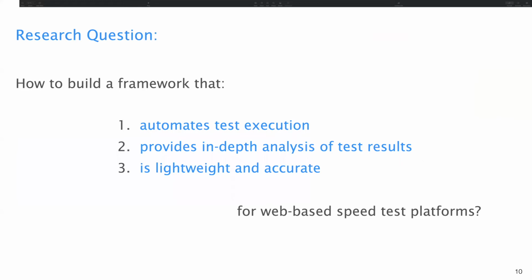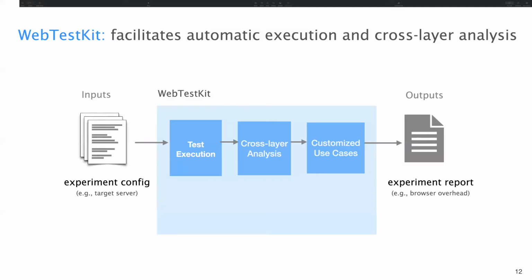So considering all these problems, we have the following research question, which is how to build a framework for web-based speed test platforms which can automate the test execution, provide in-depth analysis of test results, and meanwhile, is also lightweight and accurate. We answer this question positively by presenting WebTestkit.